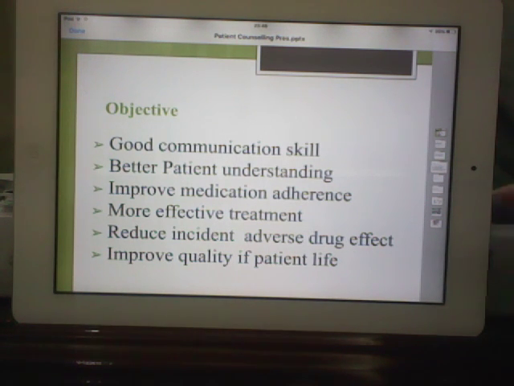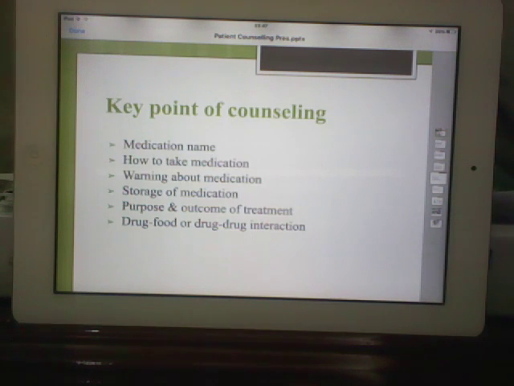The key points for doing this: when the patient comes to the pharmacy and the pharmacist starts to counsel the patient, the first thing he should do is inform the patient about his medication name, the medication dosage form, how he will take the medication, and the duration of the treatment.